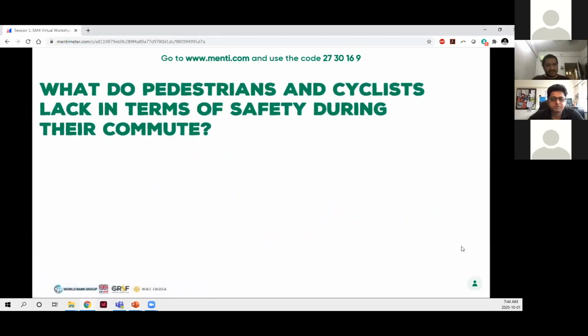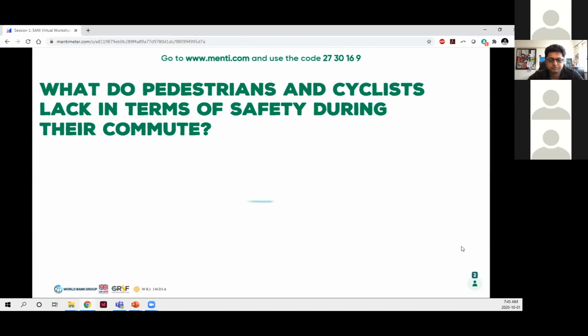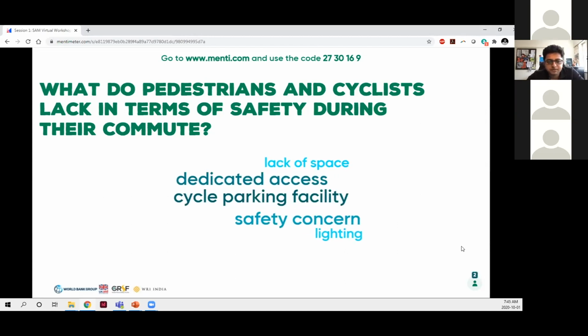Abhishek, if you could just switch to the next question. The next question is, what do pedestrians and cyclists lack in terms of safety during their commute? This could be based on your personal experiences or what you've observed, or the best of the knowledge you have with respect to walking and cycling, just to understand what you feel about this. Nice.